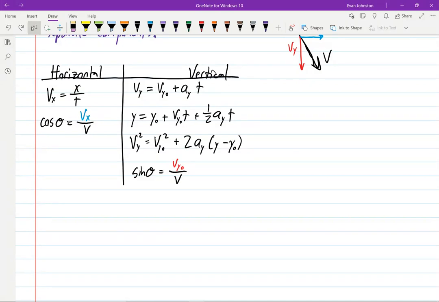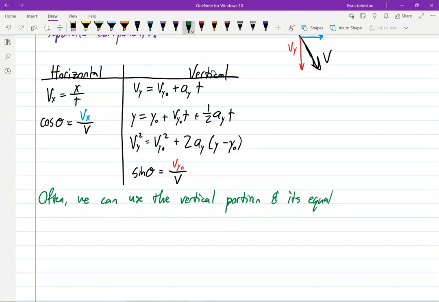And so the last thing I want to put here is that often we can use, and this is just a general rule, this isn't always what happens, but oftentimes we can use the vertical portion and its equations to solve for time.